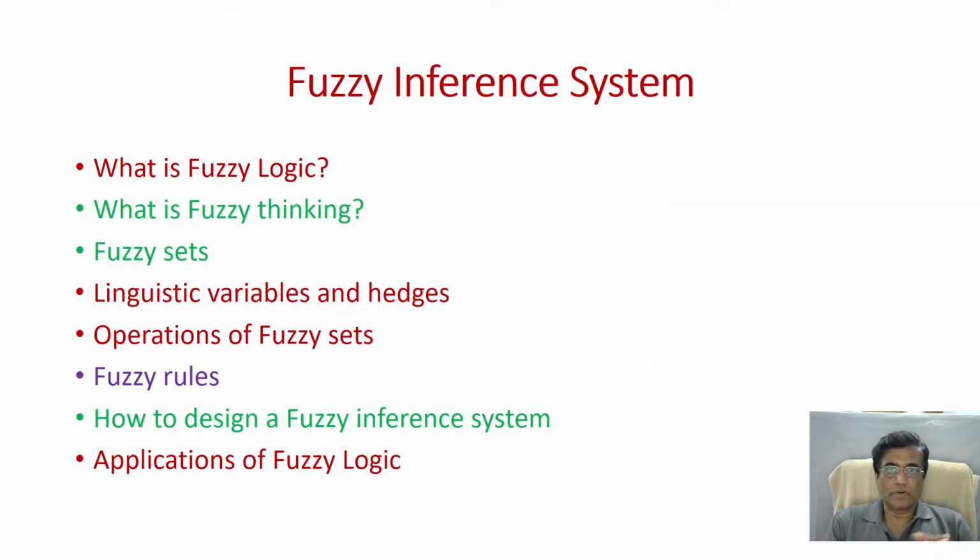So today is April 29th, 2021, and we are going to study a fuzzy inference system. And in that context, we'll study what is fuzzy logic and what is fuzzy thinking. Then we'll talk about fuzzy sets, because fuzzy thinking has to be translated in silico. For that, we need to write it in the form of a set. Okay, and then we'll also learn what linguistic variables and hedges are.